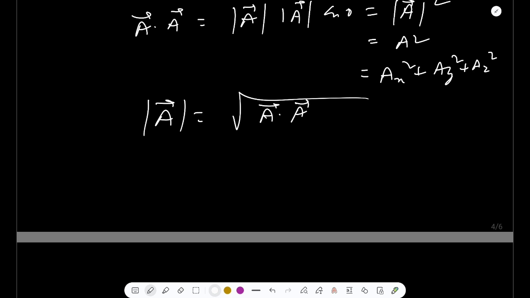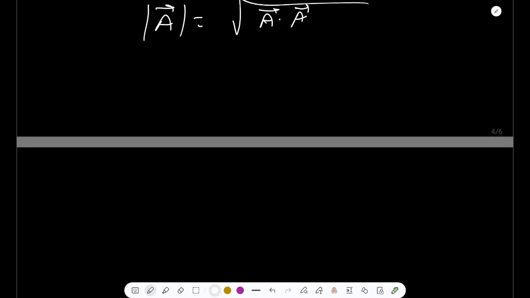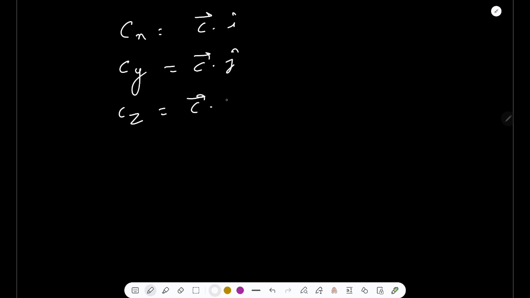And you can do one more thing. Suppose we have a vector C, because I have used vector A and vector B many times. The x component of vector C can be written as C dot i cap, and the y component of vector C as C dot unit vector j, and the z component of vector C as C dot unit vector k.